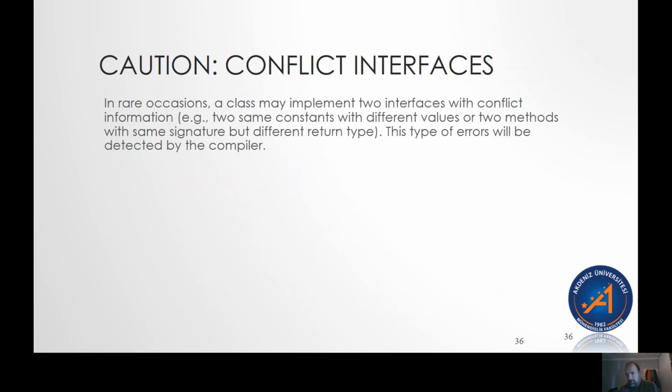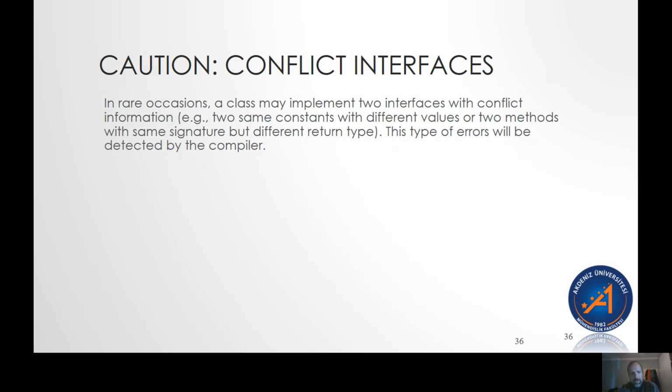There can be some conflicts. Let's say that we implement two different interfaces, and they both have methods with the same signature, so void p with no parameters, whatever. Or maybe two methods with the same signature but different return types.